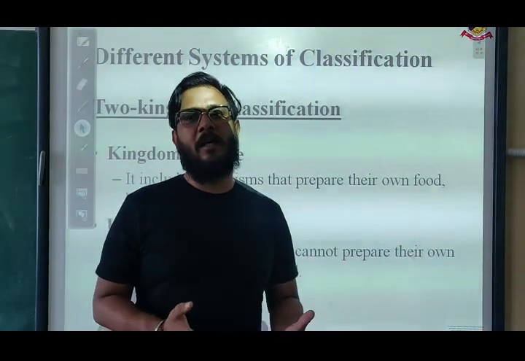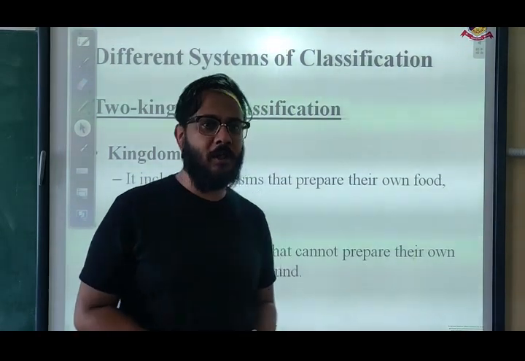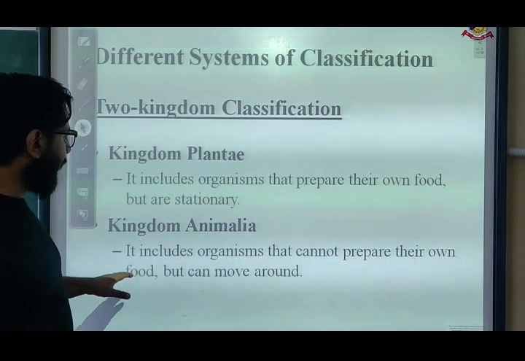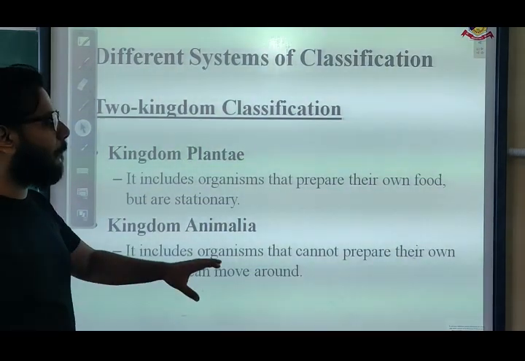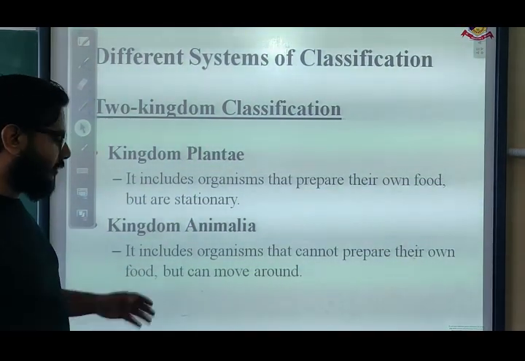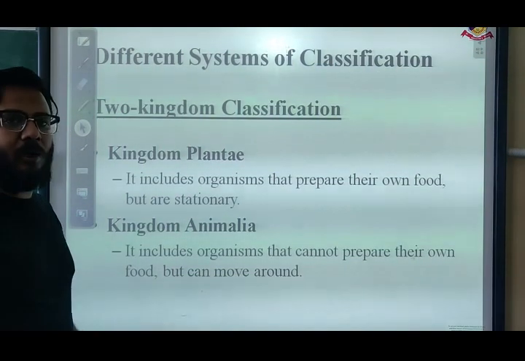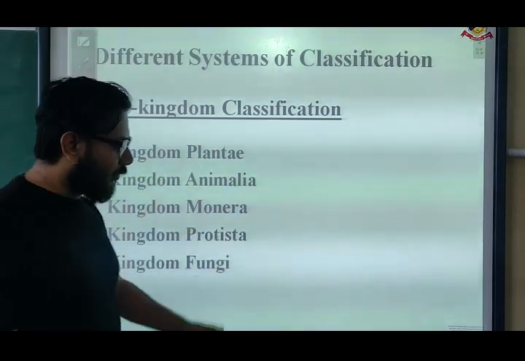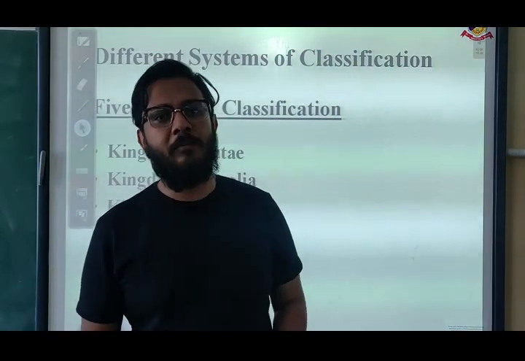Basically, they are heterotrophs who move around. Right? So, let's look at the definition. It includes organisms that cannot prepare their own food, as we discussed, but can move around. Again, we discussed.